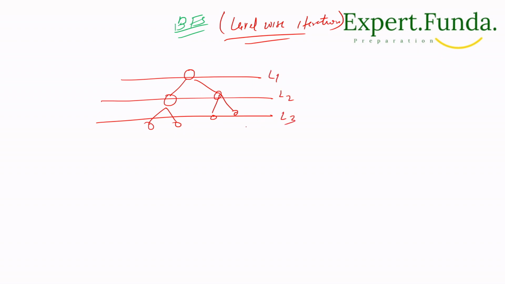First we find all the paths that are in one edge, L1, from the source. Let's suppose this is the source. From here in L1 we will go either this way, or this one. So first we will complete this level and then we will move to the other, correct?